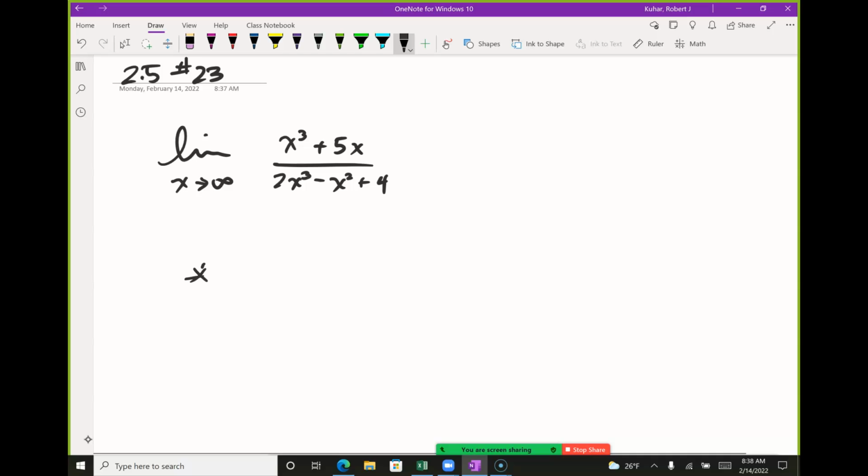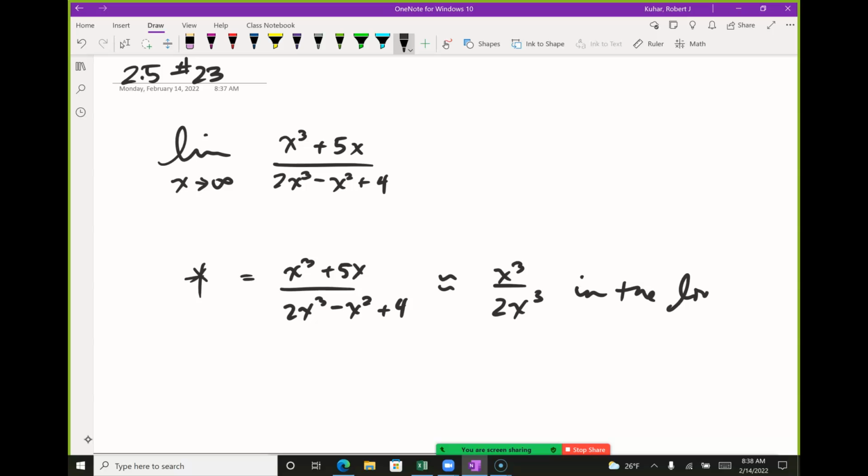So star is x cubed plus 5x over 2x cubed minus x squared plus 4 eventually becomes mother over mother in the long run. So this is my pre-cal way of talking about the horizontal asymptote.